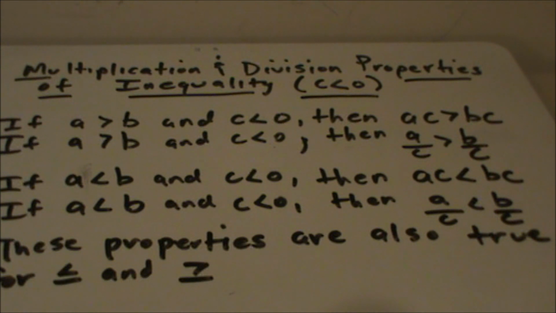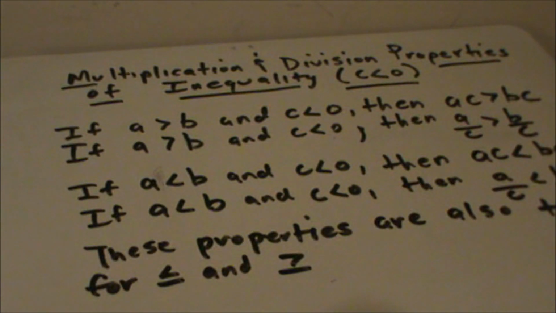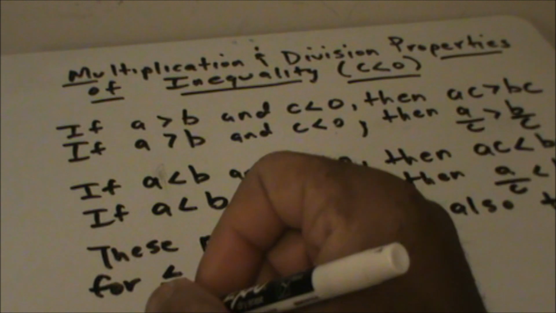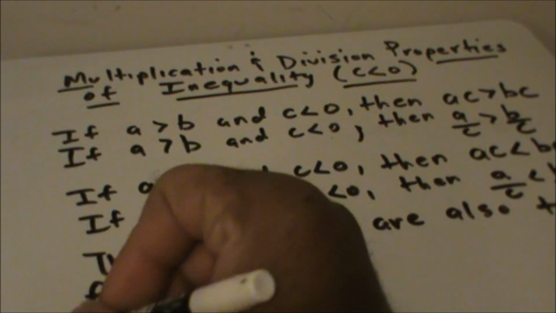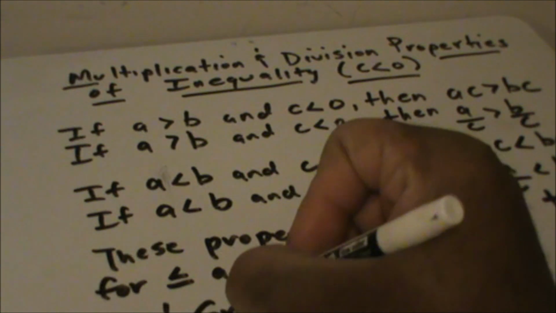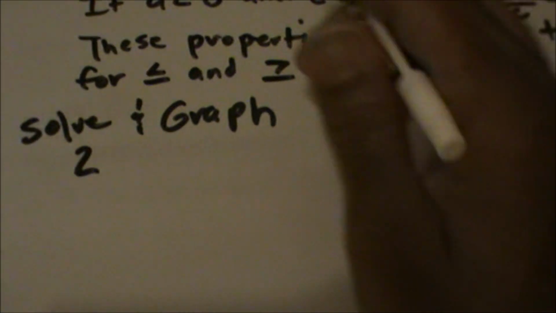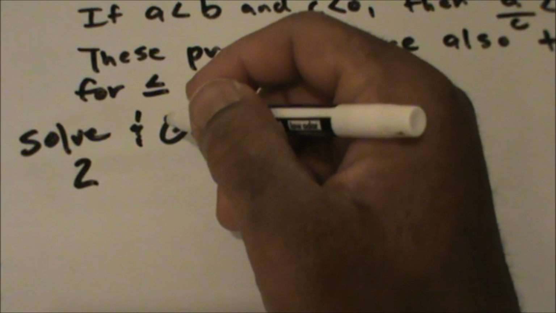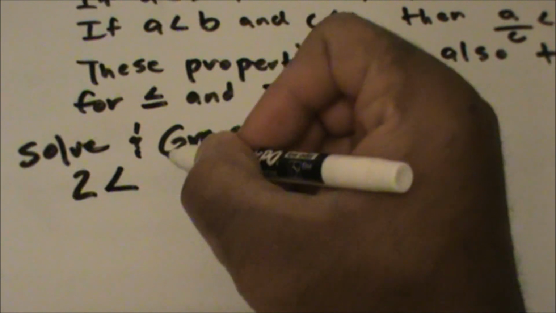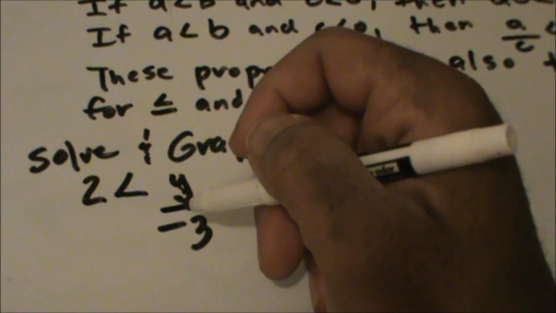Let's take this example. I'm going to write it up here. As we write this, we're going to solve and graph. This is 2 less than y over negative 3.